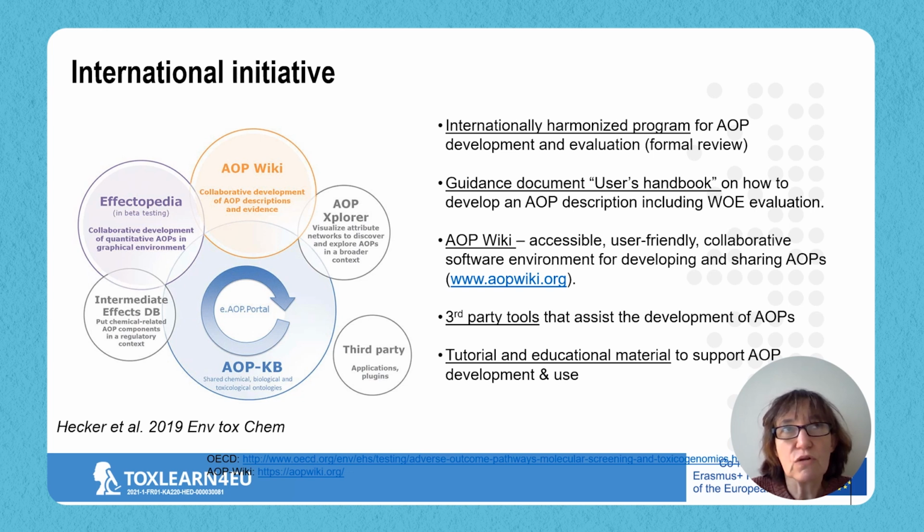There is an international group from the OECD, for example, that tries to gather all the different adverse outcome pathways together. There is something like the AOP Wiki where you can do that. It's a collaborative development of AOP descriptions.